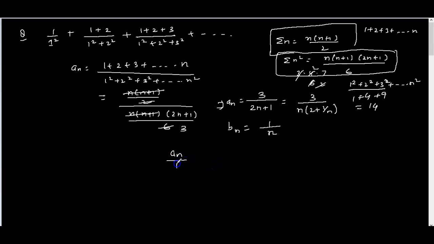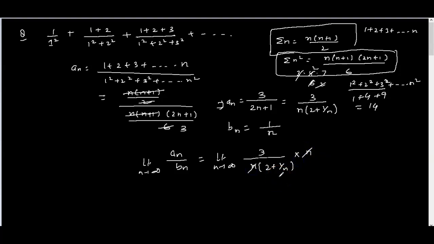Then an upon bn is the limit as n tends to infinity of 3 upon n into 2 plus 1 by n, divided by 1 by n, which becomes the reciprocal, and this part and this part cancel.